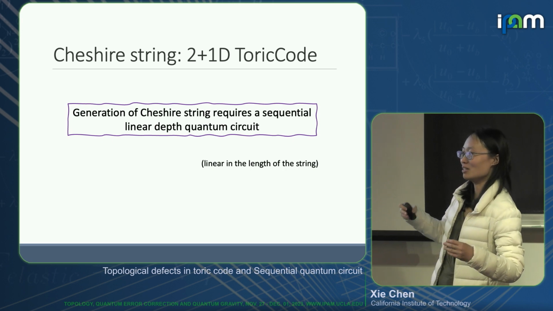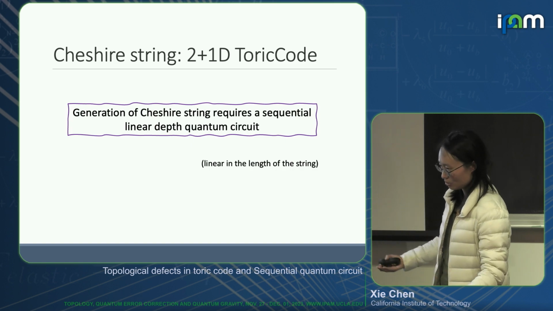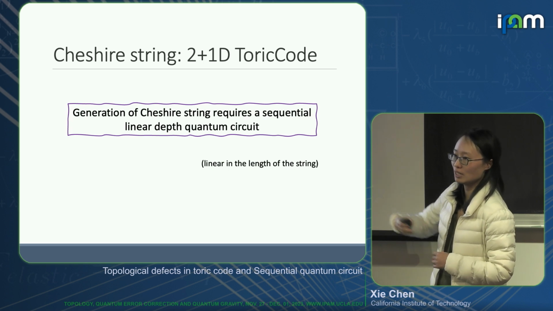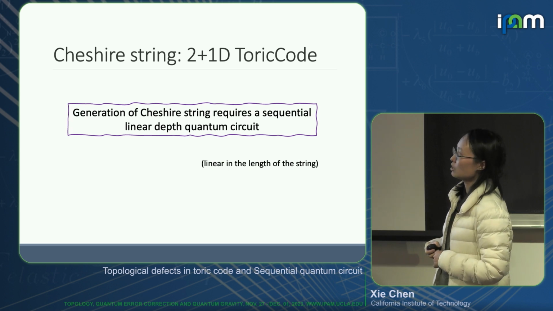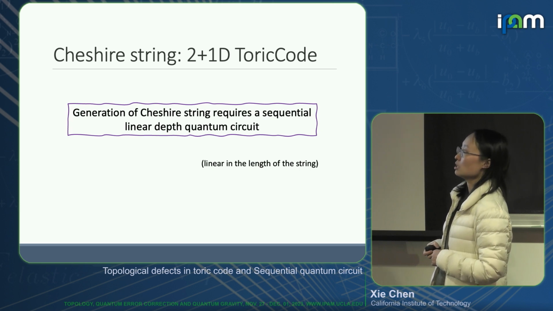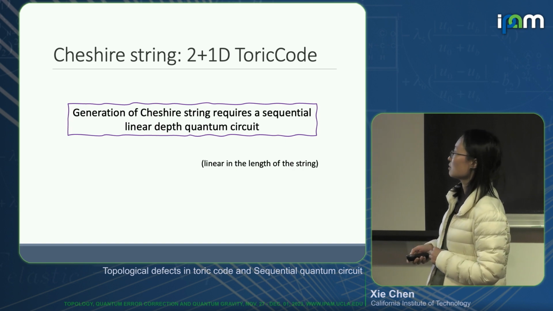Anything that can be done with a finite depth circuit, I would consider to be trivial. But a sequential circuit has a power beyond finite depth circuit. And because Cheshire string can only be generated with a sequential circuit, Cheshire string is a non-trivial kind of defect.